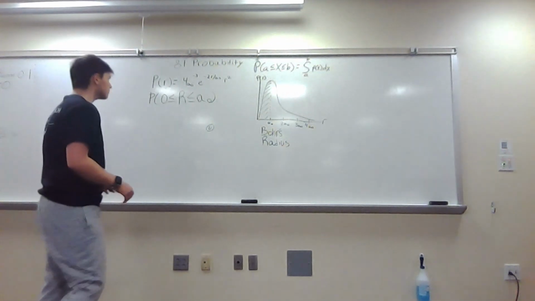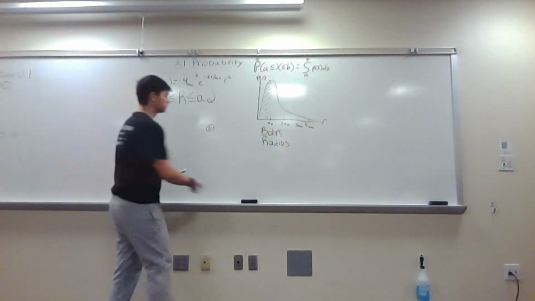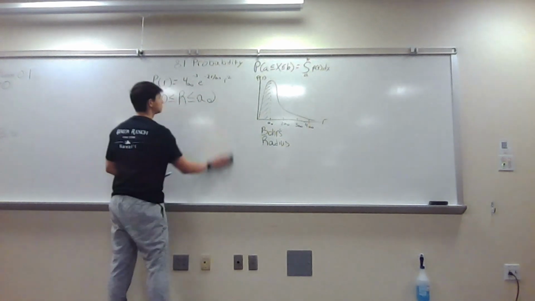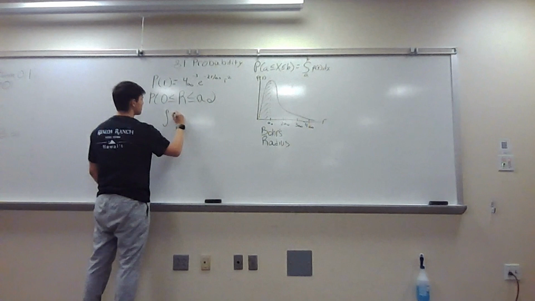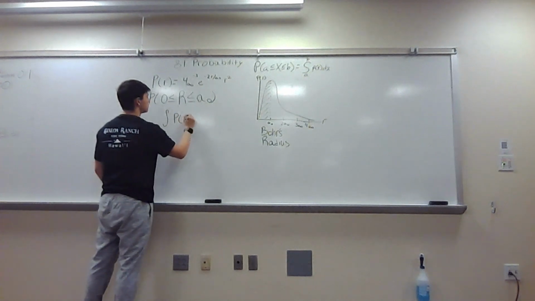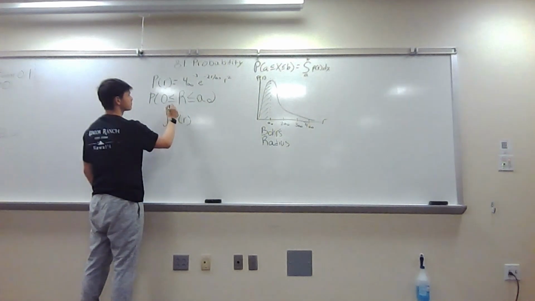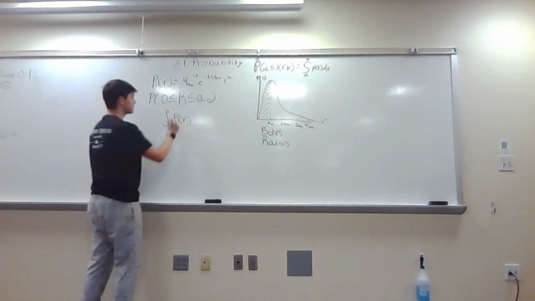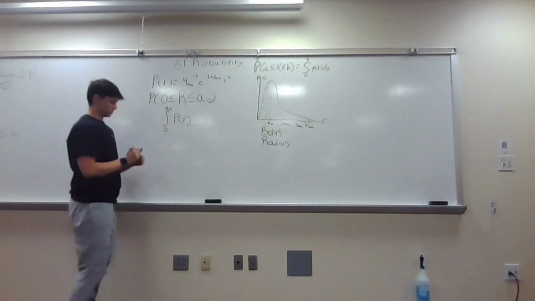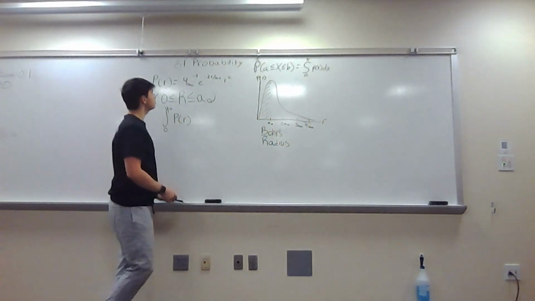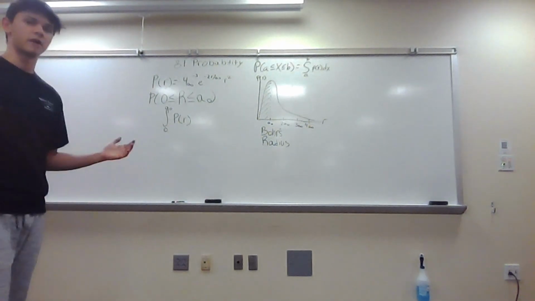So that's how you would apply it here, and then you would set this equal to the integral of P of R from 0 to a initial. So this is one way we can apply probability.